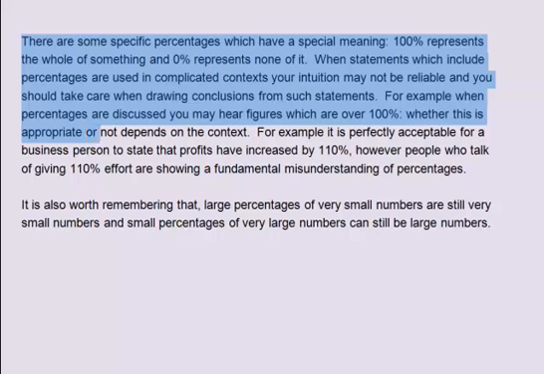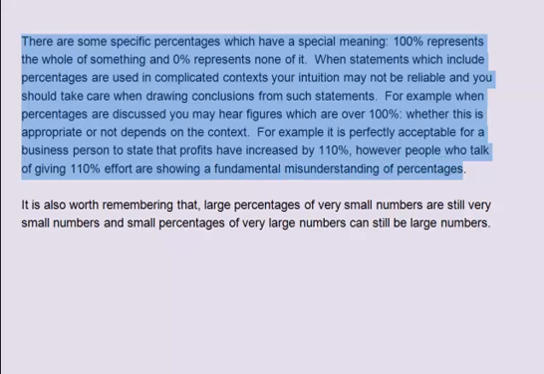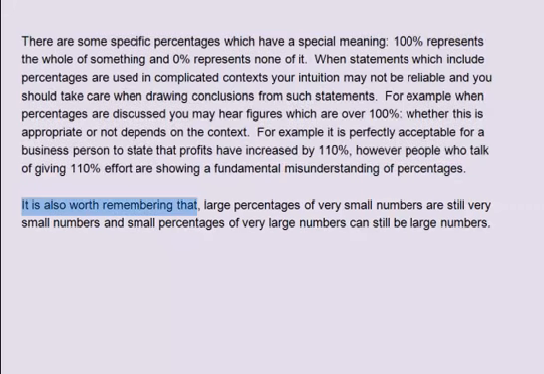Whether this is appropriate or not depends on the context. For example, it is perfectly acceptable for a business person to state that profits have increased by 110%. However, people who talk of giving 110% effort are showing a fundamental misunderstanding of percentages. It is also worth remembering that large percentages of very small numbers are still very small numbers, and small percentages of very large numbers can still be very large numbers.